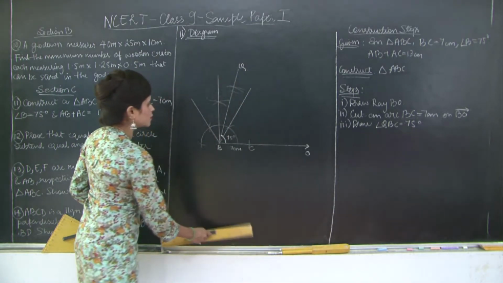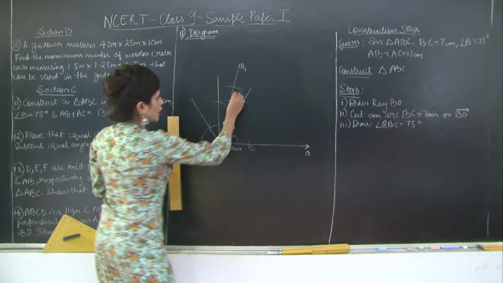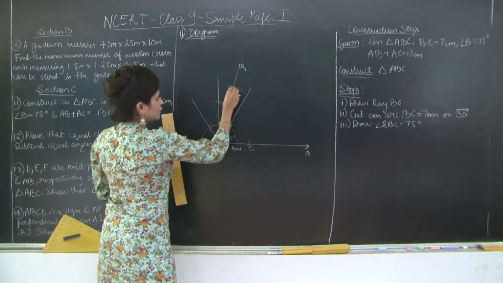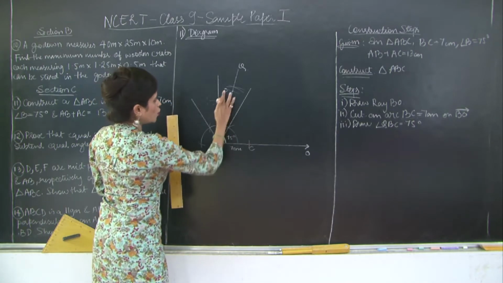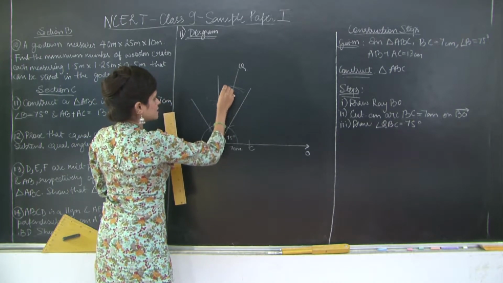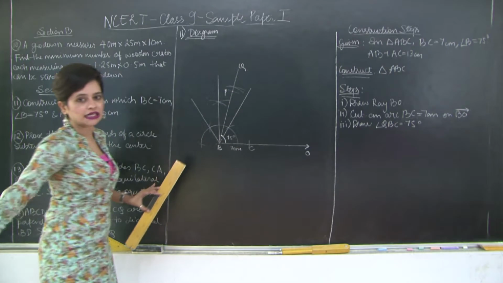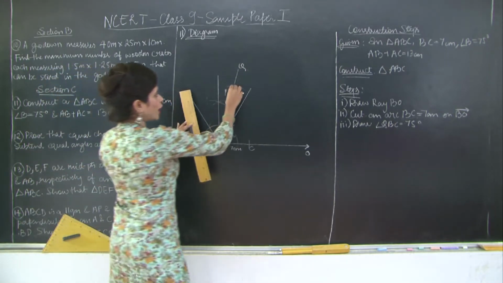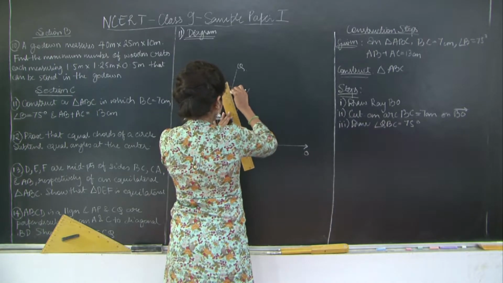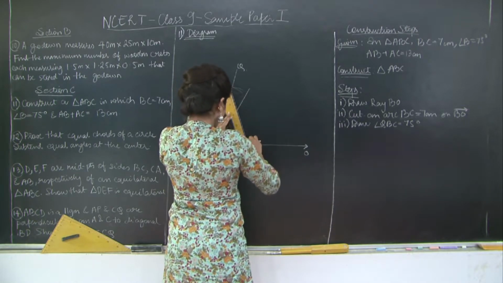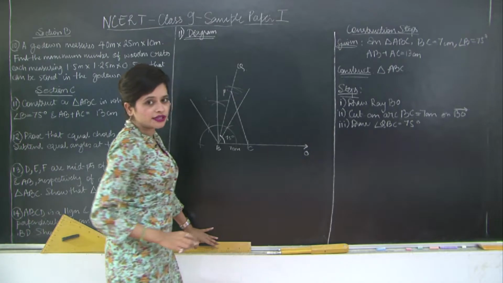Now I'm going to join this length from B to this point, let this be P. So P to B is 13 centimeters. I'm going to join P to C. Now I'm going to write down this construction step.